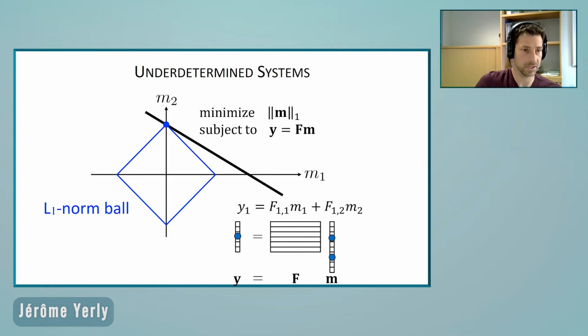If you do the same as before, you grow this ball until it touches the line of possible solutions, and the intersection gives you the solution of this constrained optimization. This time, m2 has some value, while m1 is exactly 0. So we get a sparse solution, and this is again what we are looking for with compressed sensing. This is why people use the L1 norm.